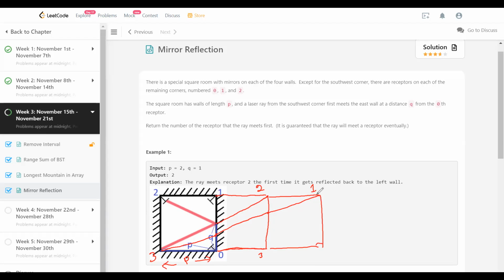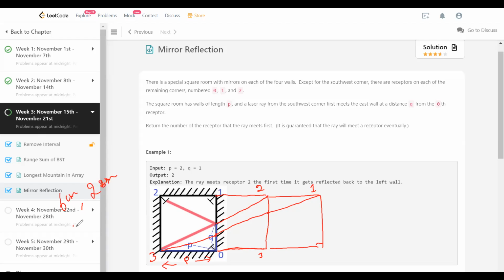To reduce the analysis, I'm going to modify this p and q to some extent. Suppose p and q are in terms of centimeters, some unit of length. But what if both of them are even? Like, what if p is 6 and q is 2? So this is 6 centimeters and this is 2 centimeters, right?